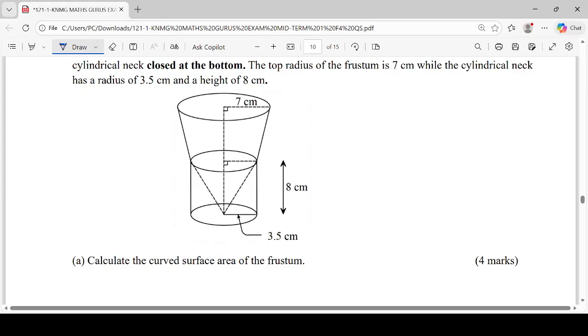First of all, to get the curved surface area of the frustum, remember the vertical height, from here to here, is 8. This is 3.5.